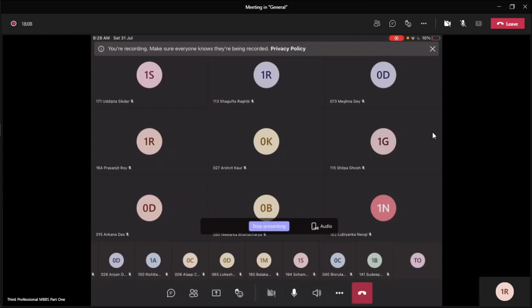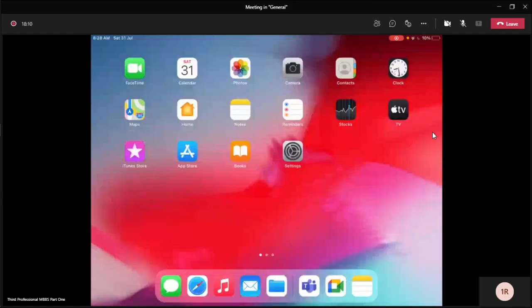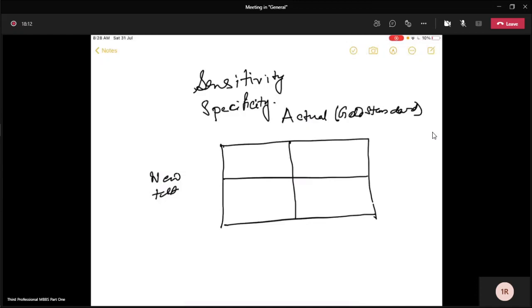So we use this planning. In actual lymph node biopsy, there will be some positive cases, some negative cases, and in the new test, the FNAC, there should be some positive cases, there should be some negative cases.